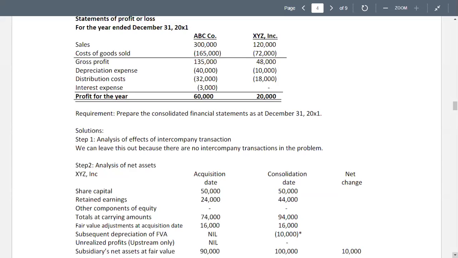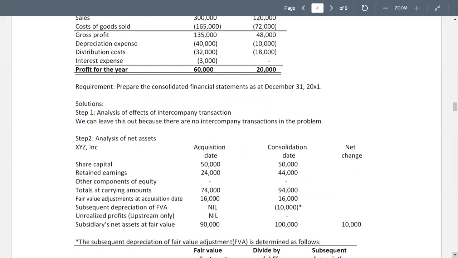That's the sum of 8,000 inventory net change and the 2,000 amortization of the remaining 8,000, which is the adjustment in the equipment. So we have now 10,000. And we have the net assets at fair value at acquisition date 90,000. At consolidation date 100,000. So the net change is 10,000.